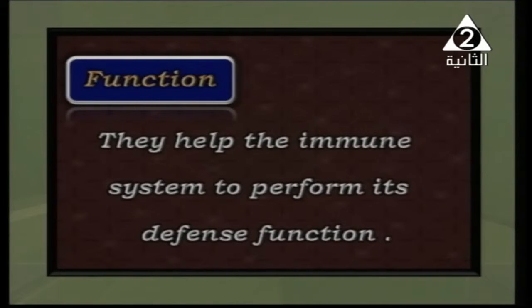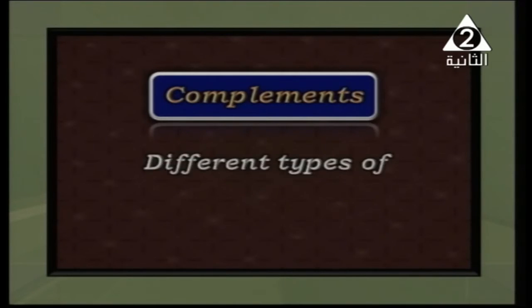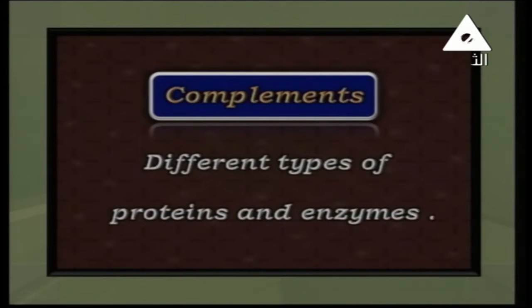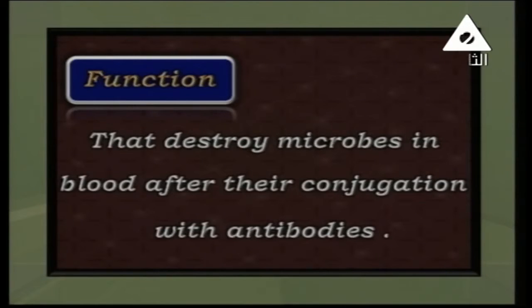Yet we have also something that completes the function of the assisting chemical substances. They are called complements. They are different types of proteins and enzymes inside your body, and they also have important functions. Their function is to destroy the microbes in the blood after their conjugation with the antibodies.